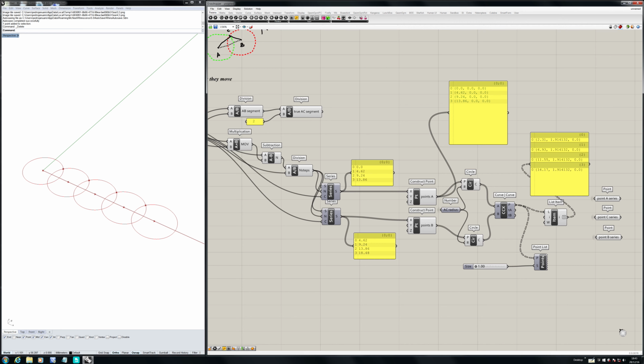Okay, so now if I want to draw a line between A and C, these point structures have to have the same level. Now, either I flatten this one or I graft this. That is, I create a folder. I'm going to graft them. So I'm going here, right click, and I'm going to graft. And then I'm going to simplify. Okay.